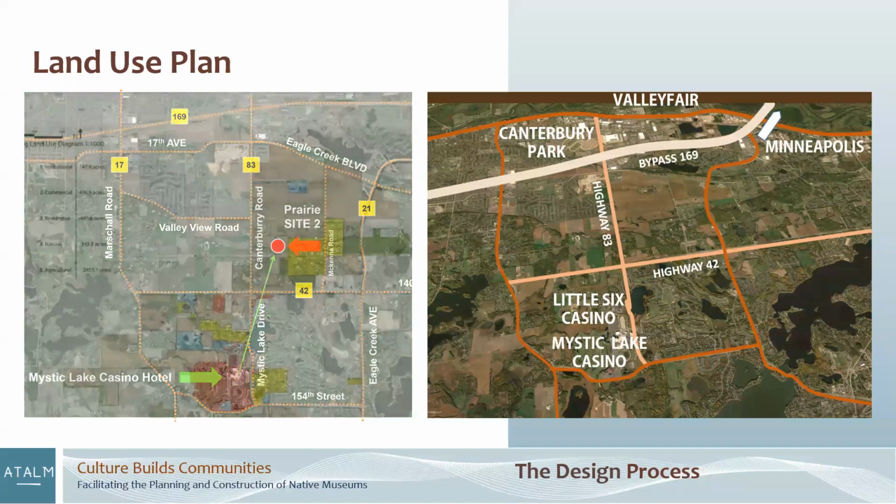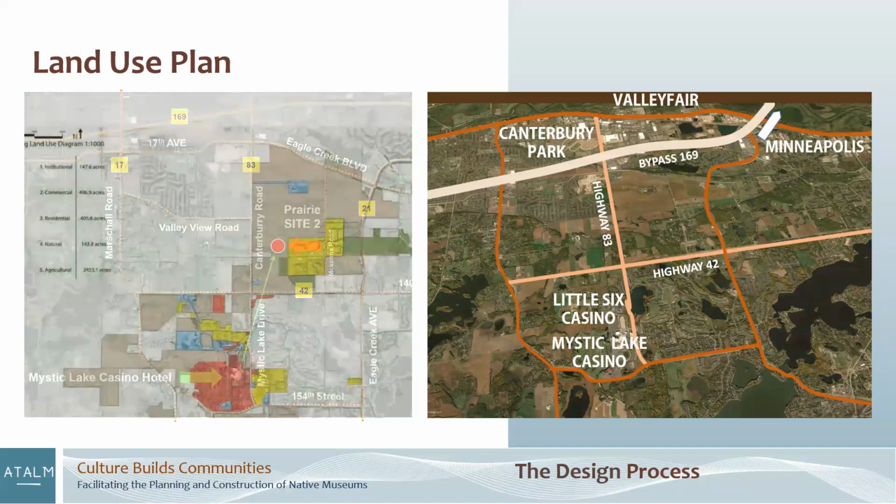And then as you can see on the left, we can lay over on top of it the different land use plans that we can do, and hopefully have an idea of how the community wants to grow.